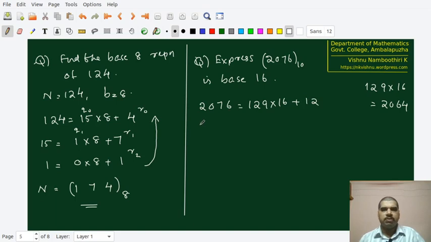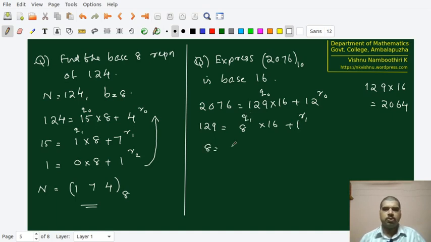This is our r naught. This is our q naught. Now let us divide 129 using 16, and we will get it to be 8. 8 into 16, that's 128 plus 1. Now this is our r1. This is our q1.